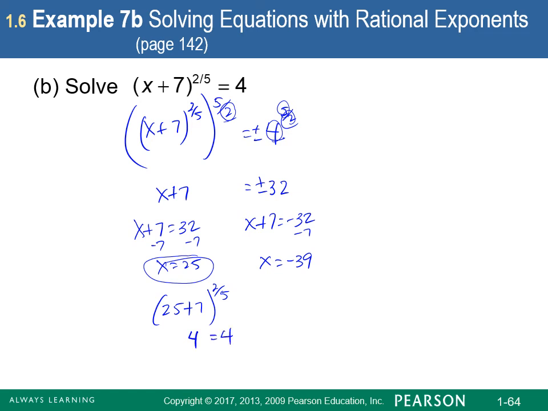So this one works. If we take negative 39, we have negative 39 plus 7, which comes out to be a negative 32.